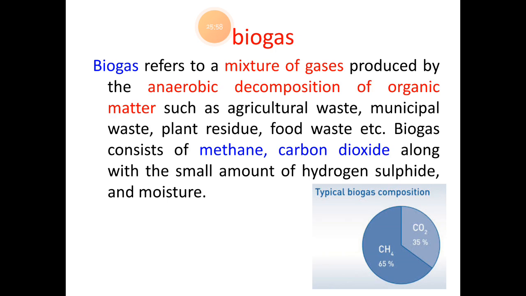When biomass is subjected to anaerobic decomposition in a closed container system, it produces a mixture of gases like methane and carbon dioxide. These gases of methane and carbon dioxide are called biogas. It is used for household purposes like heating, cooking, etc.